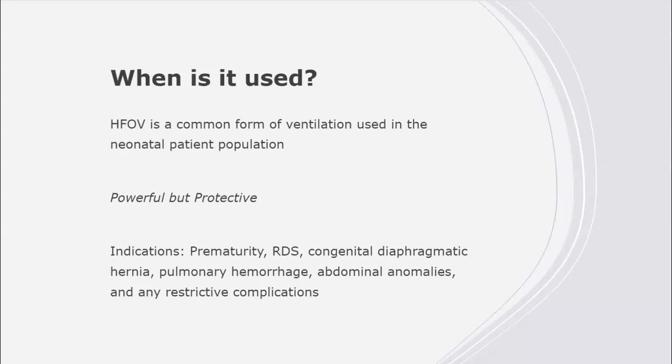It works fast, it works quickly. It's very good to help open up those de-recruited lungs, to get down and use additional power and pressure to really open up and to get those alveoli doing what they need to do.